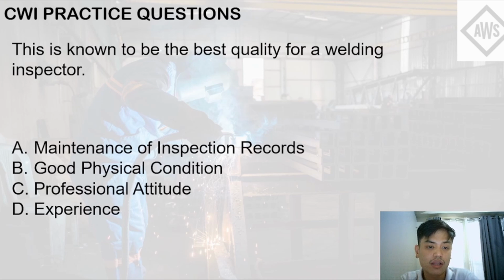Letter C, professional attitude. This is the quality of a welding inspector to provide unbiased opinions, make decisions based on facts, and continuously learn throughout his tenure as a welding inspector. Experience enables the welding inspector to become more efficient in his work activities.